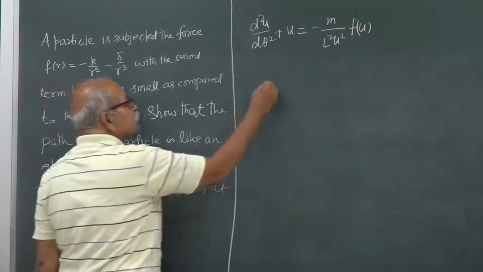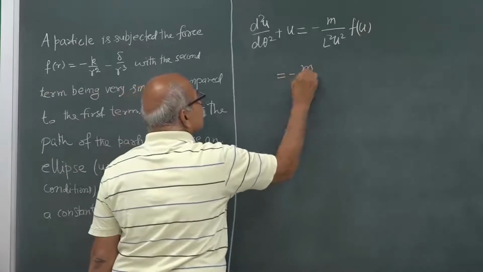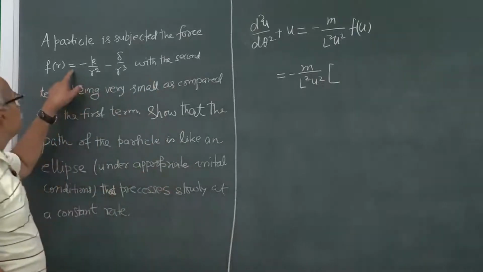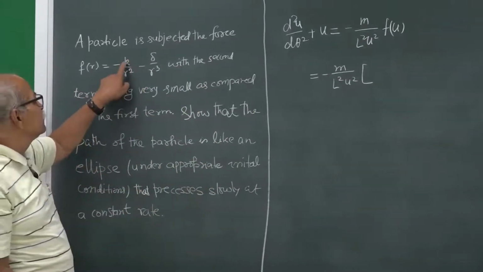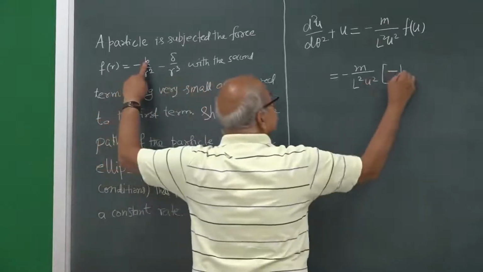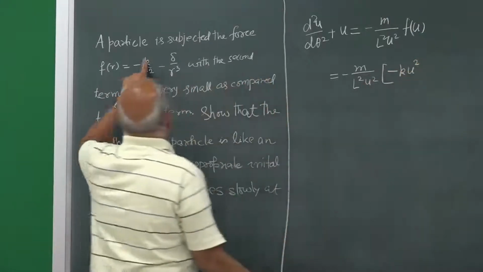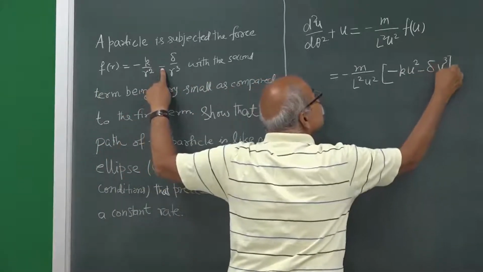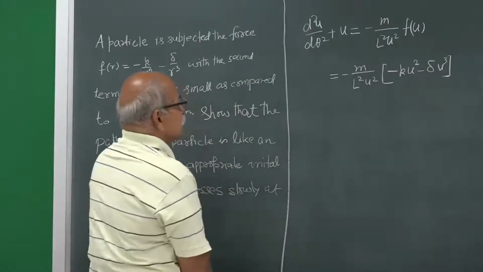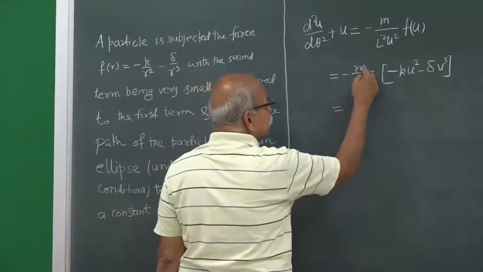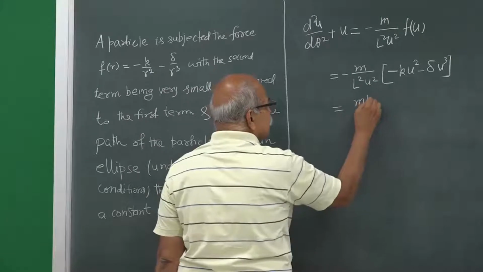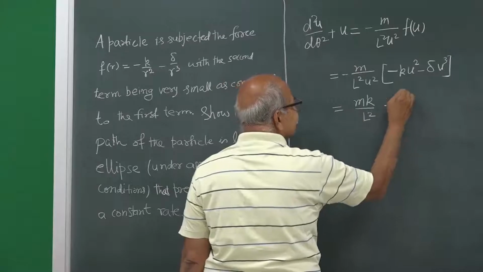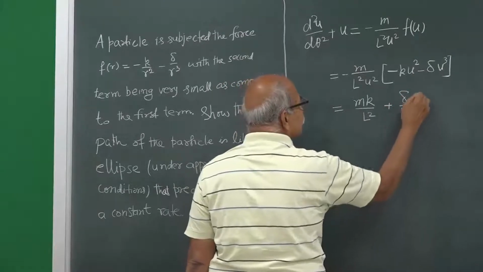So, this will be equal to minus m over L square u square, and then f of u will be minus k u square, and then minus delta u cube. This is f(u). This you can simplify, this will be m k by L square here, and this will be plus delta by L square and u here.